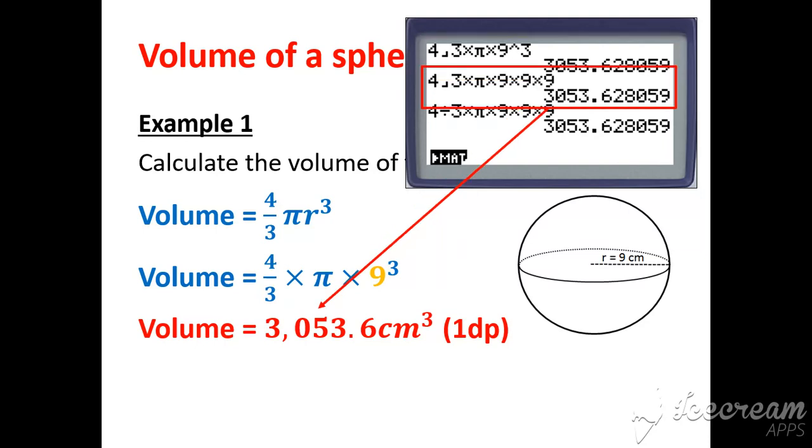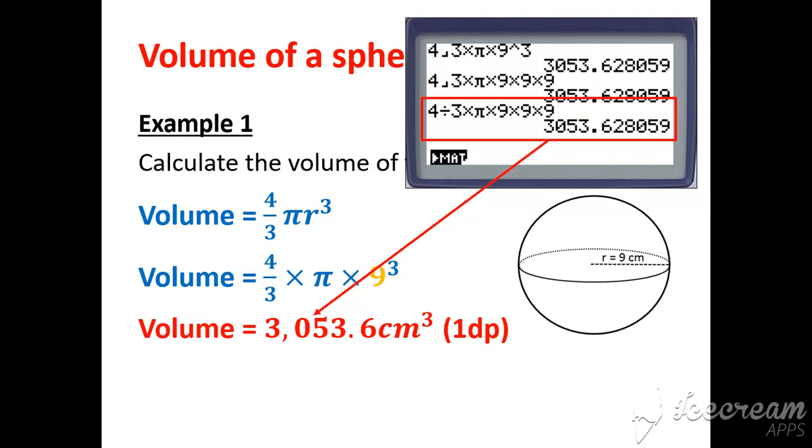Another way is if you just used your fraction button, went 4 fraction 3 times pi, but just went times 9 times 9 times 9, because 9 cubed is 9 times 9 times 9. A third way could be 4 divided by 3. Instead of using your fraction button, if you don't know about it, just go 4 divide 3, then go times pi times 9 cubed, or 9 times 9 times 9.